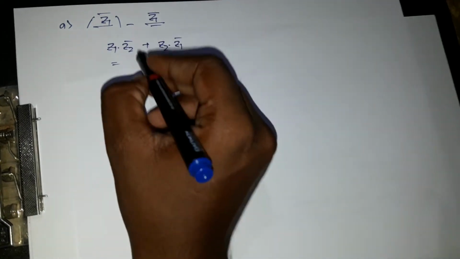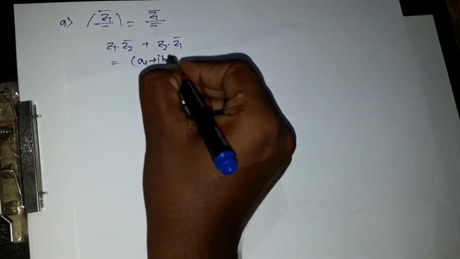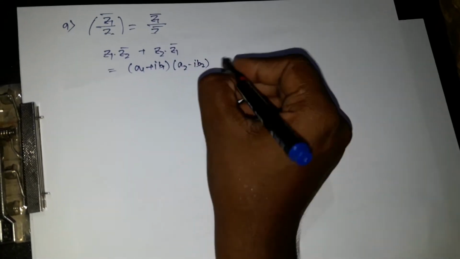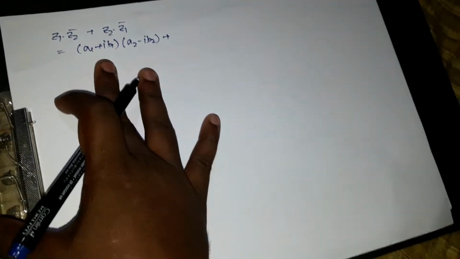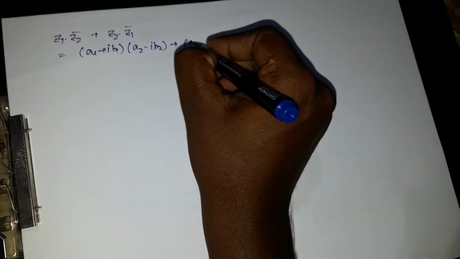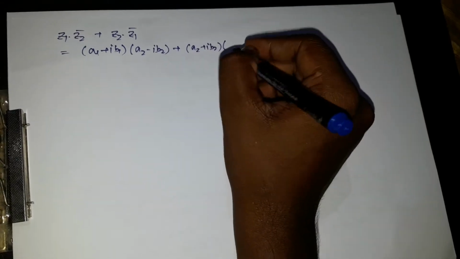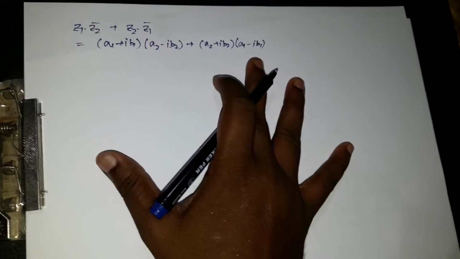So a1 plus ib1 into a2 minus ib2, plus a2 plus ib2 into a1 minus ib1. Okay.